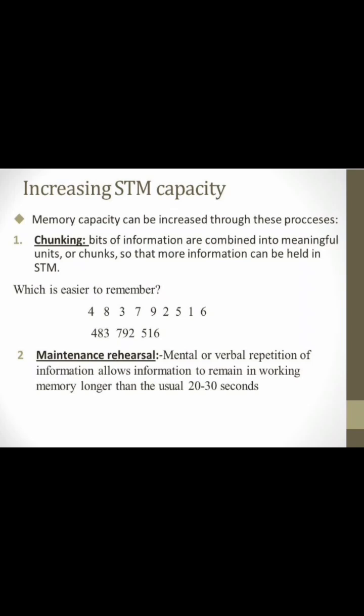Chunking is when bits of information are combined into meaningful units, or chunks, so that more information can be held in short-term memory and is easier to remember. For example, 4, 8, 3, 7, 9, 2, 5, 1, 6. Then we make groups of these numbers: 4, 8, 3 and 7, 9, 2 and 5, 1, 6. These are three chunks of different numbers.